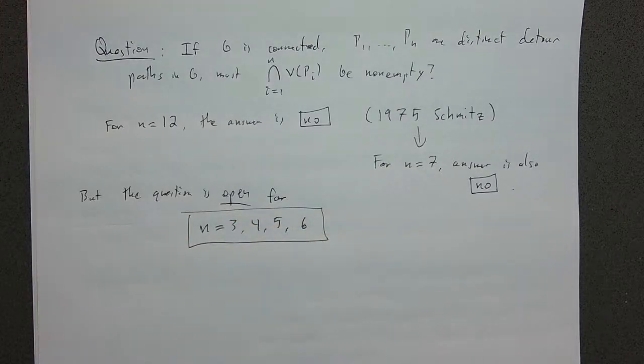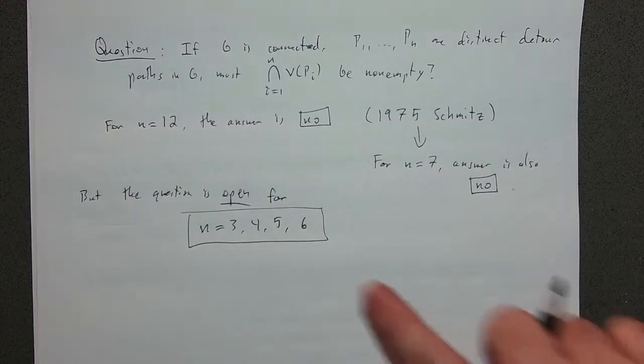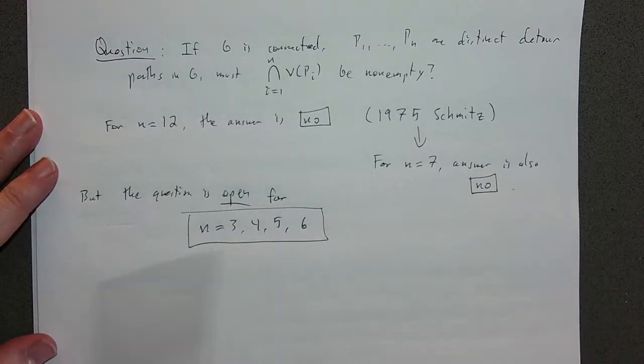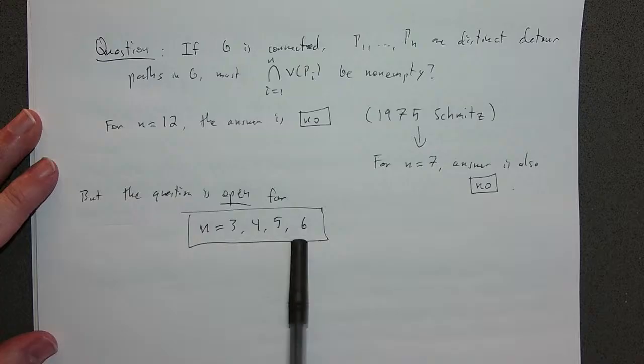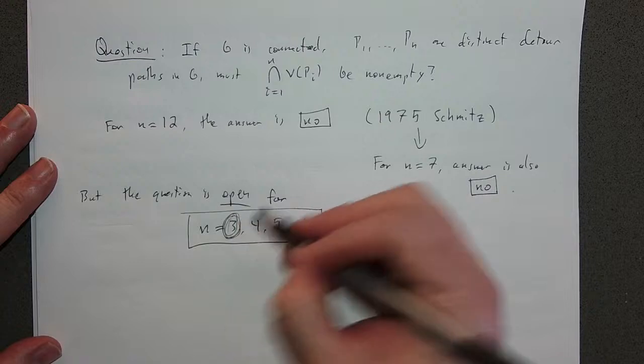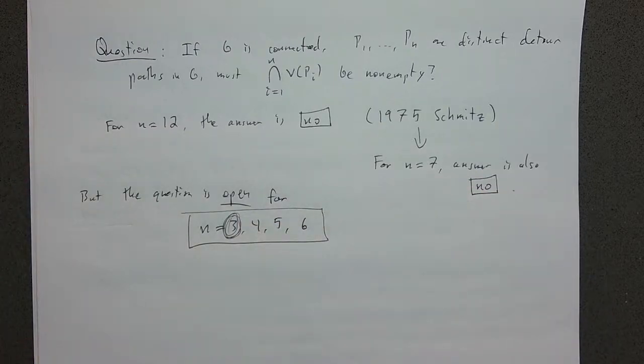The current thought, and again, there may be an improvement on this that I missed when I was looking over the literature to see if there had been improvements made. The general consensus, I would say, is that it seems to be true for n equals 3, more shaky on these 4, 5, and 6.